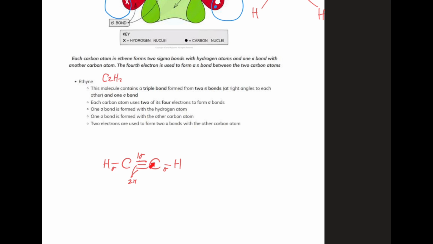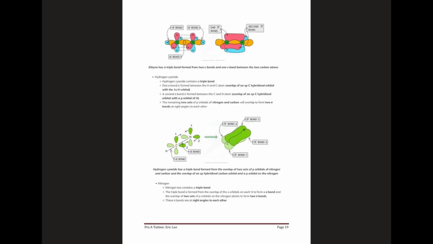And then the 2 electrons are used to form 2 pi bonds with the other carbon atom. Okay, so 2 sigma bonds and 2 pi bonds. Okay, now let's see the next page.